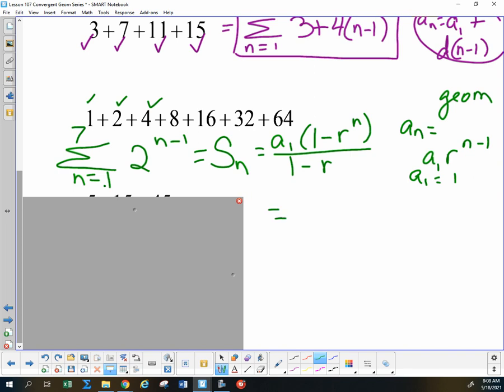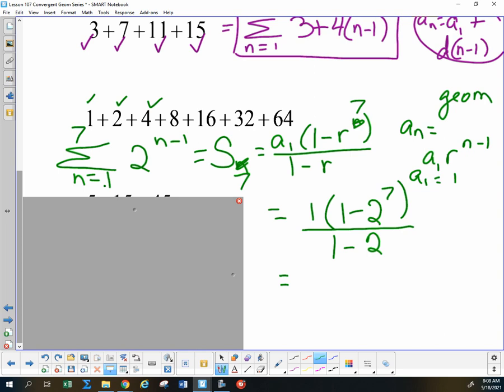So we'll put in, the first term was 1, 1 minus, you guys told me r was 2, to the 7 terms in there, over 1 minus 2. I think I got that right.